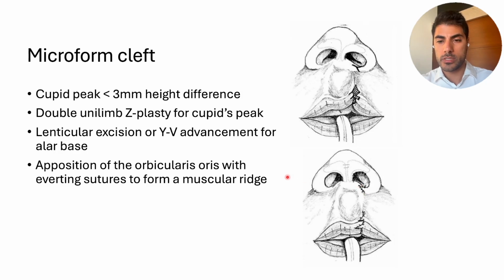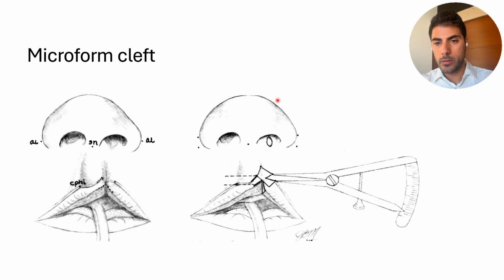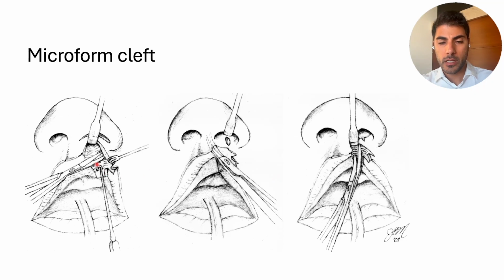And as for the nasal sill, what we can do is a Y to V advancement because we would have it here more severe and wider than the past form. Okay, so here the trick is, so let's see how it was done. What he does is he measures the difference. Obviously, the difference will be slightly less than 3 millimeters. And then we free the overlying skin.